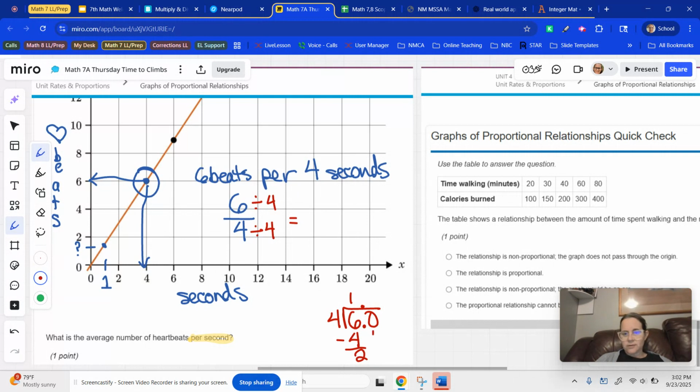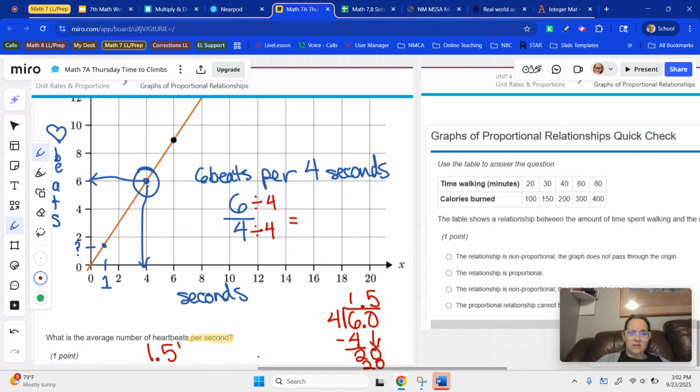Oh yeah, it's the rate per 1 of something. Okay, no remainder. That's good. So the number of heartbeats per second is 1.5 beats per second.